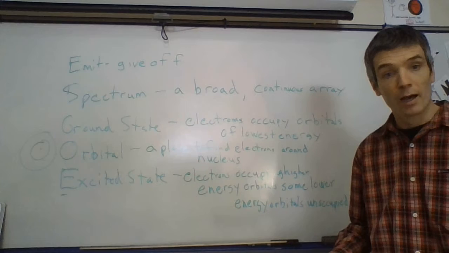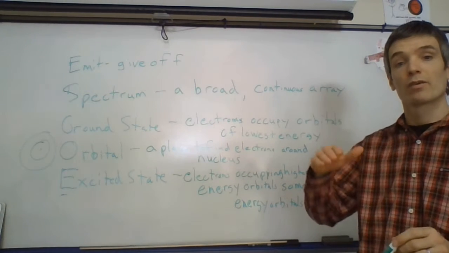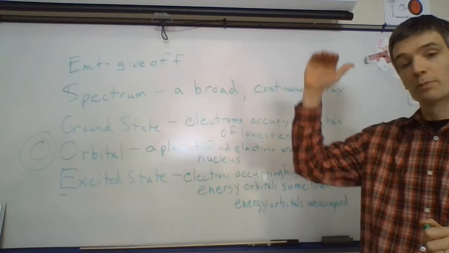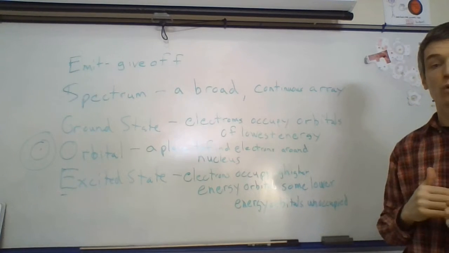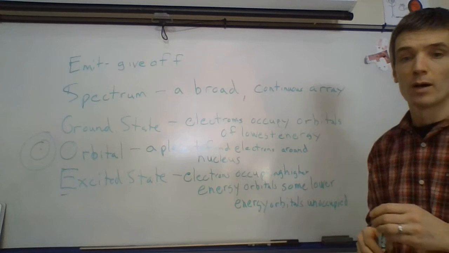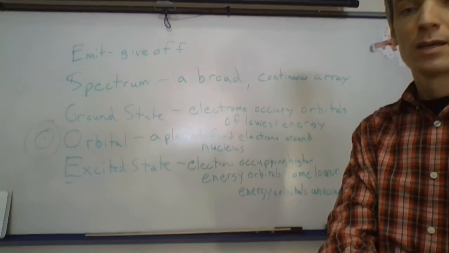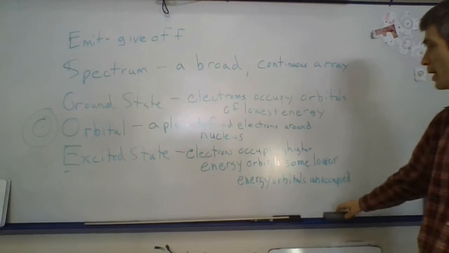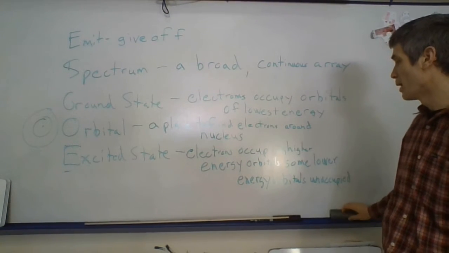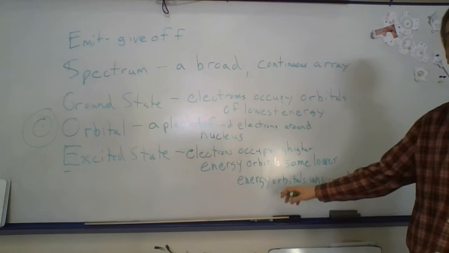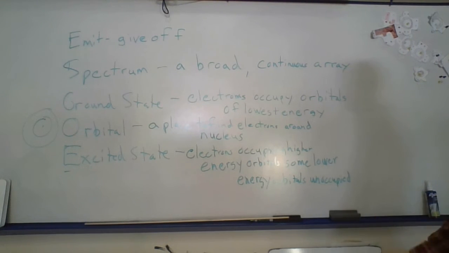So the excited state is when electrons absorb energy and move to a higher energy orbital, and there are some lower energy orbitals that are unoccupied. So electrons absorb energy, they're occupying higher energy orbitals, and some lower energy orbitals are unoccupied.